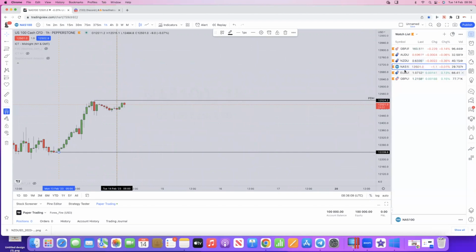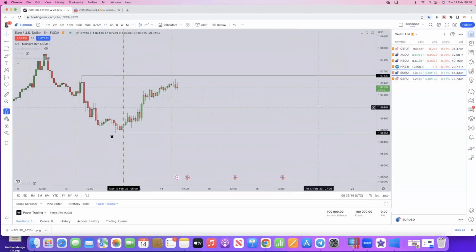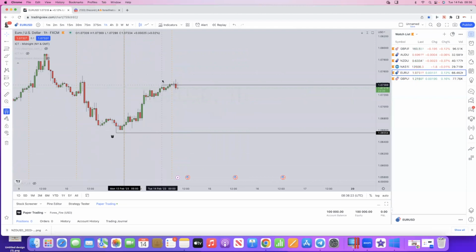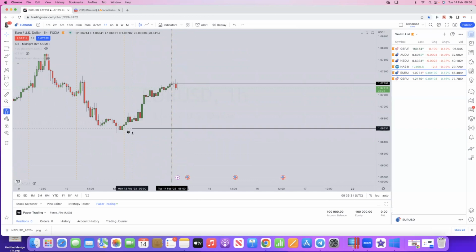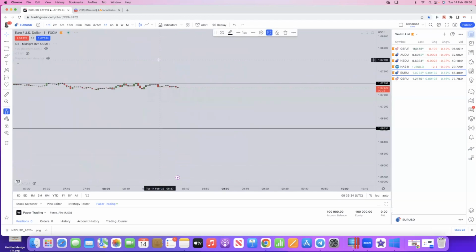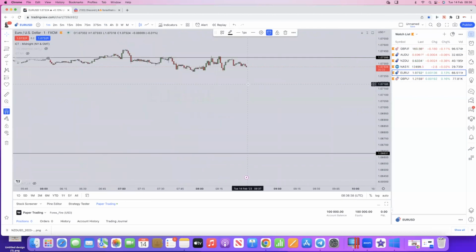Let's take a look at the Euro USD. Again, yesterday, we just didn't get any move out of this. Like I say, the highest point yesterday was here, but it looks as if we may have missed a trade here, to be fair, because if we go down to the 1 minute, we can see it's already made its move.